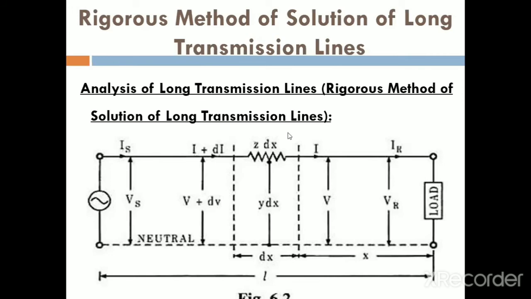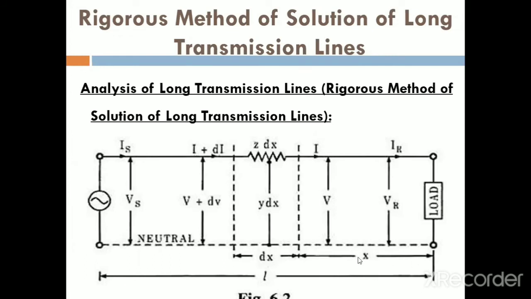And x is the distance taken from the receiving end side; x meters distance we take at the receiving end side. And dx is the small length that will be taken at the x meters distance from the receiving end side.